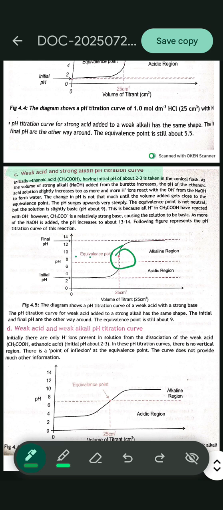Okay, in this you can see that this is the equivalence point. It is at about pH 9, and here we can see that there is a slight increase in the pH, and then the pH surges very steeply upwards.